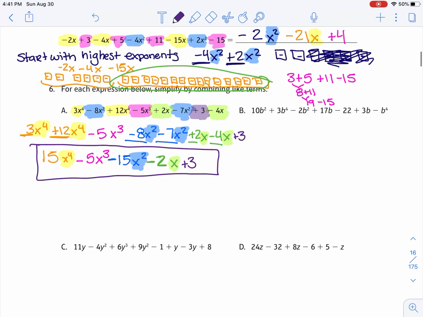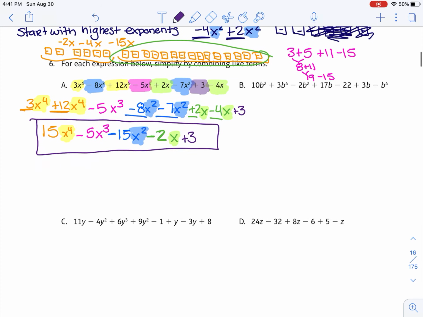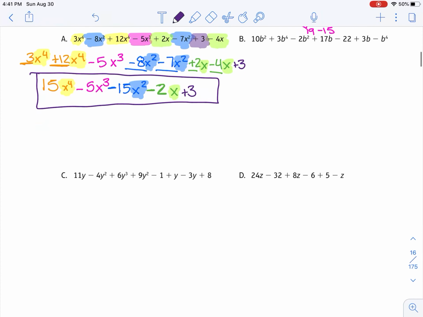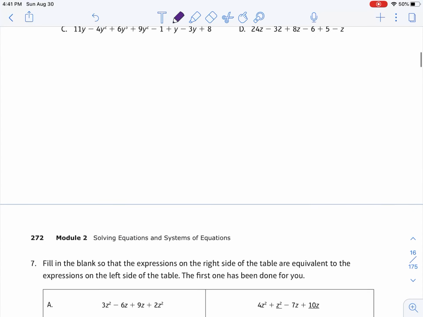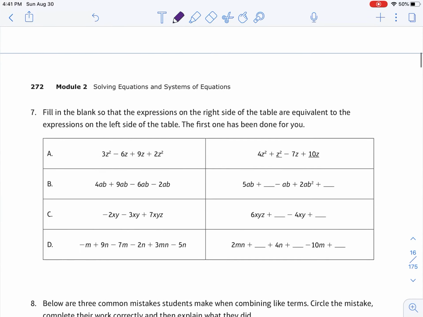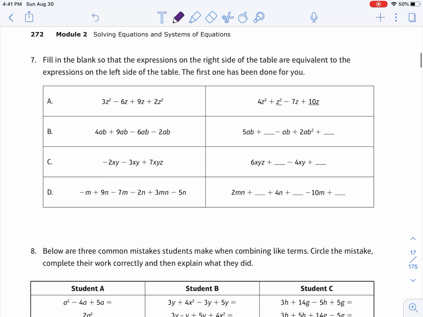So I'm going to double check to make sure that we learned things by making sure that B, C, and D are things that we do together, and I'll ask everybody randomly.